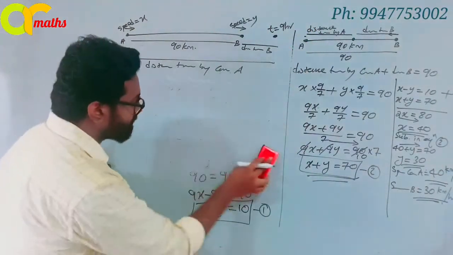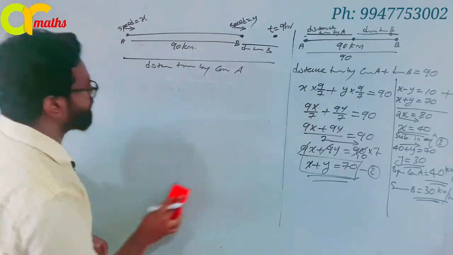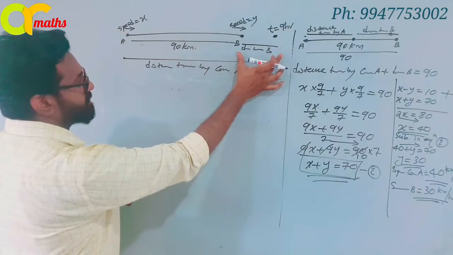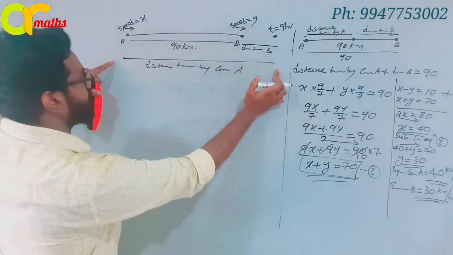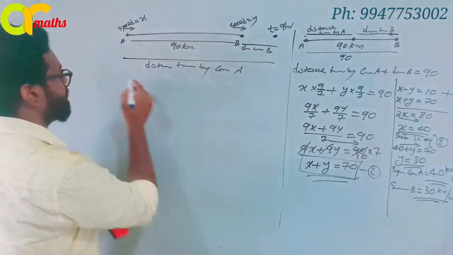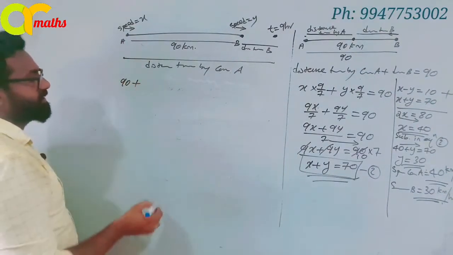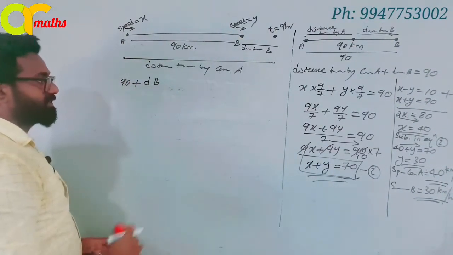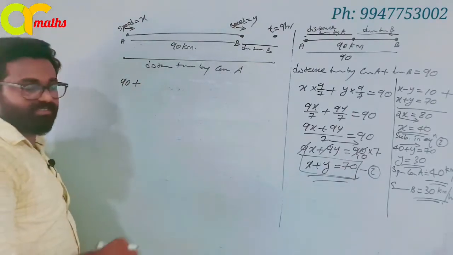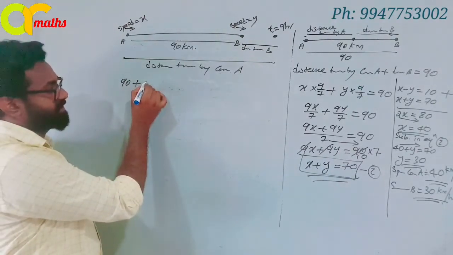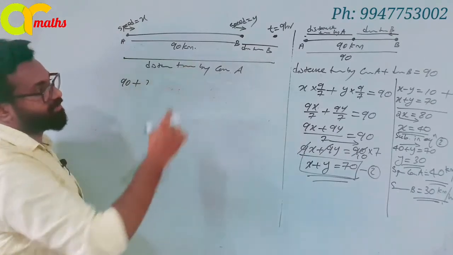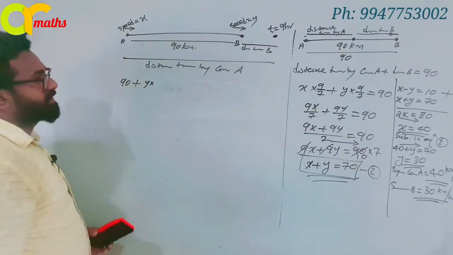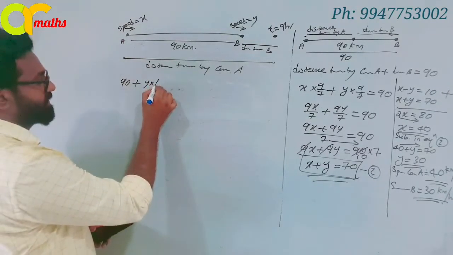Then in this case we can write that 90 plus the distance travelled by B is equal to the distance travelled by A. What is the equation of distance? Speed into time. Speed here means the speed of B is y. Y into time t.